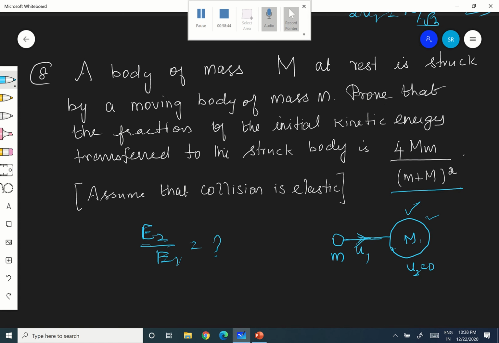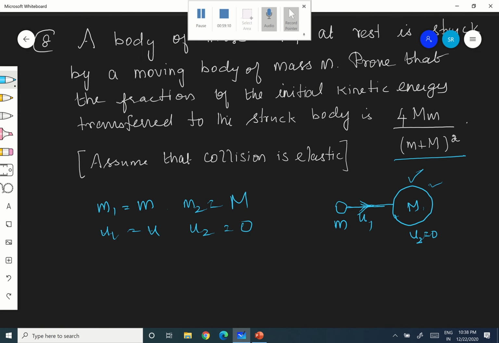What is E1? First, what are all the things given? m1 is equal to m, m2 is equal to capital M, u1 is equal to u, and u2 is equal to 0.